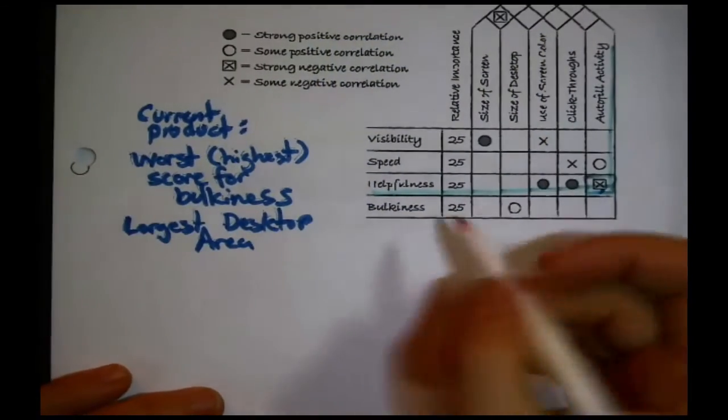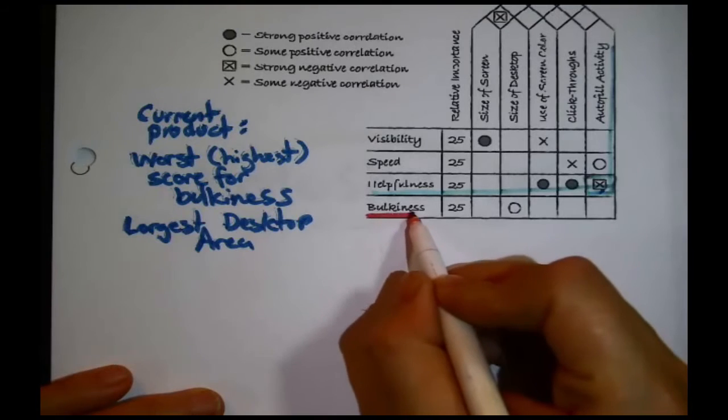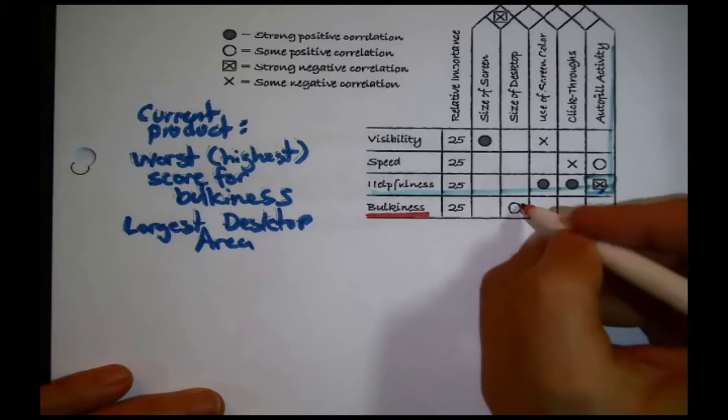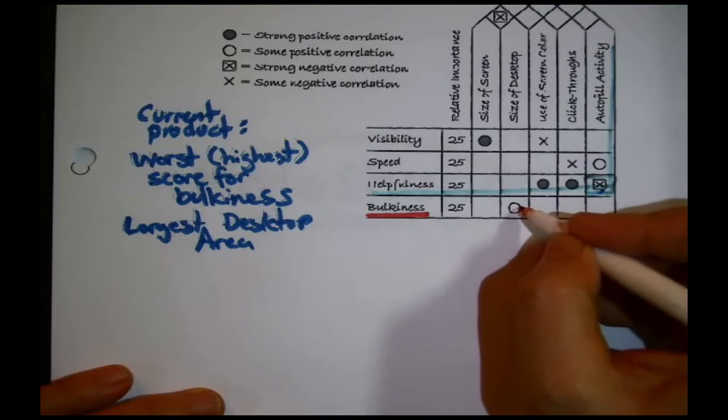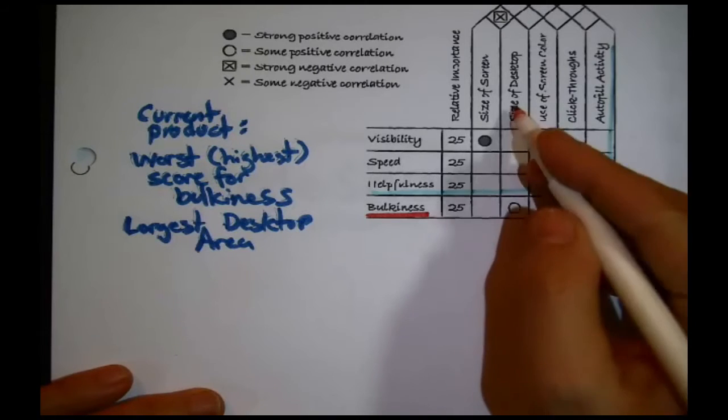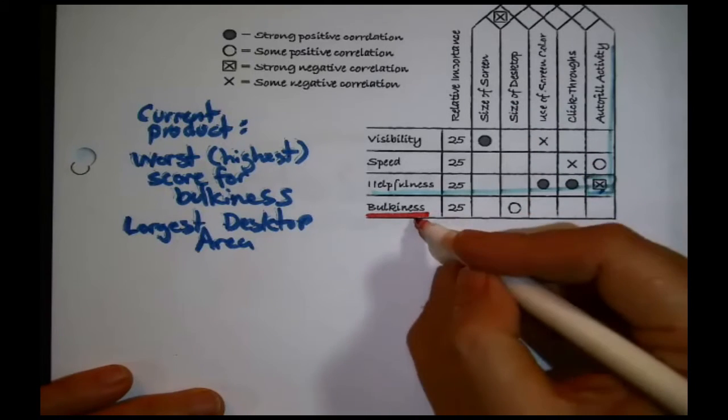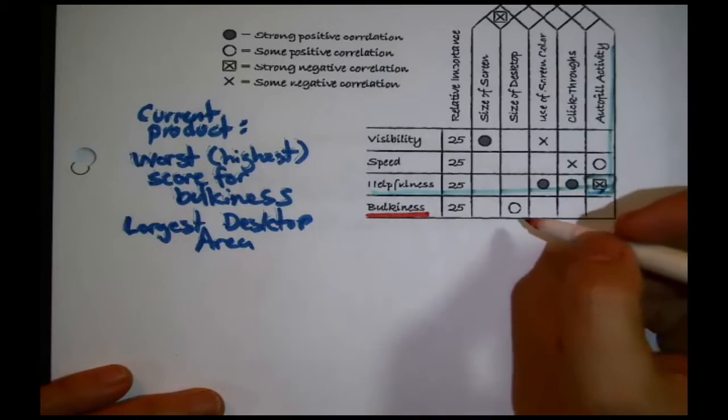It's like, okay, where are we right now? Is there anything that's particularly extreme? Because go back to bulkiness. Interesting. Go back to the QFD diagram. Do you notice that for bulkiness, size of desktop area, there is some positive correlation between the size of desktop area and bulkiness? Interesting.